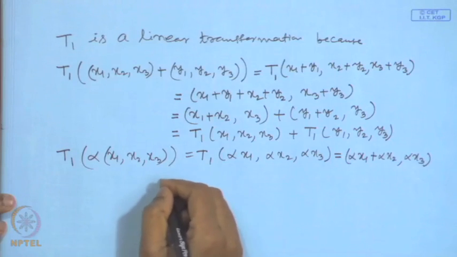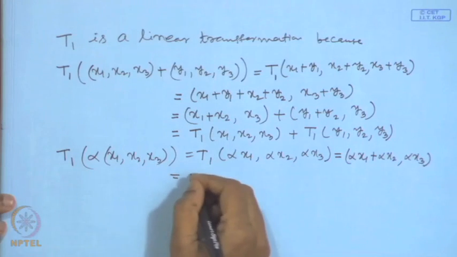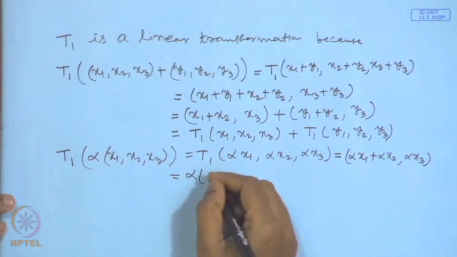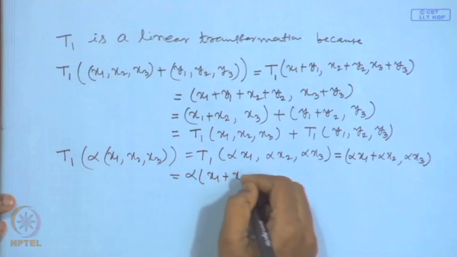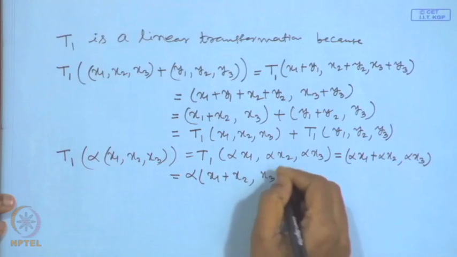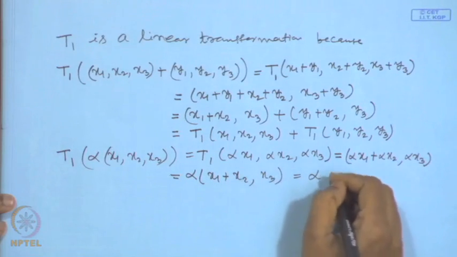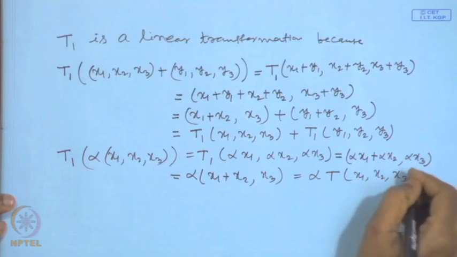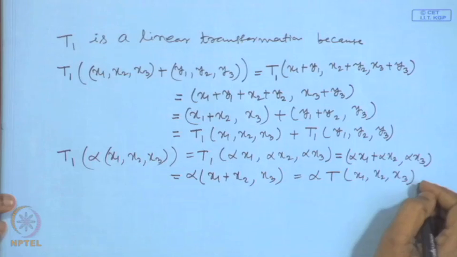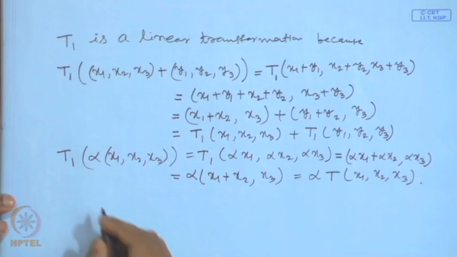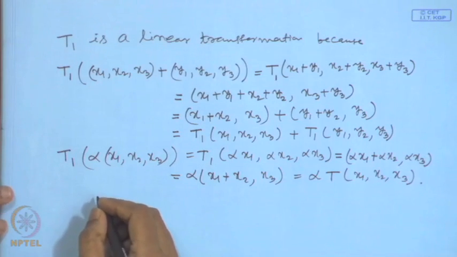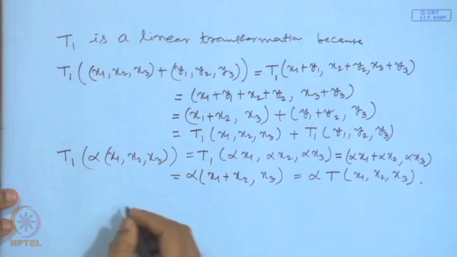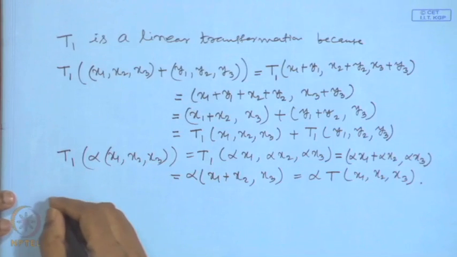This can be written as alpha times x1 plus x2, x3, and that is equal to alpha times T1 of x1, x2, x3. So, therefore, T1 is a linear transformation.